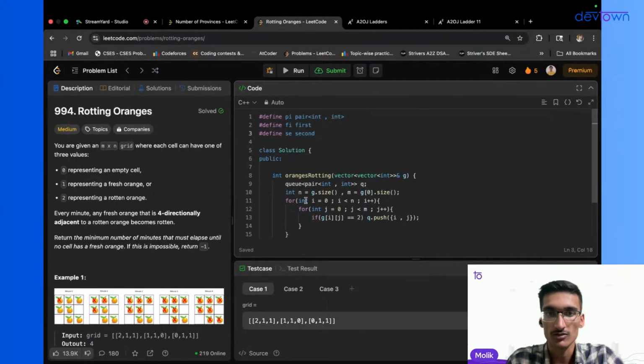I'm just defining some macros to save time, so I can use pi here.